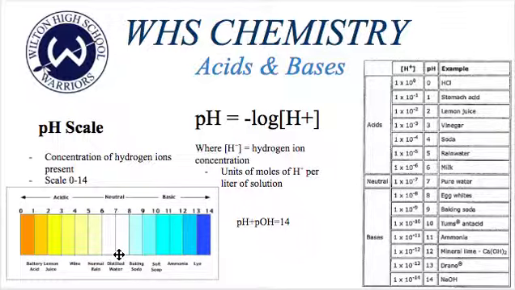The H plus in brackets is showing that it's the concentration, which we can do by finding the units of moles of H plus per liter of solution. So that's really important that it's per liter of solution. So you have to watch your units and also moles.